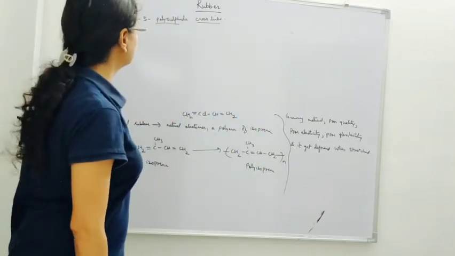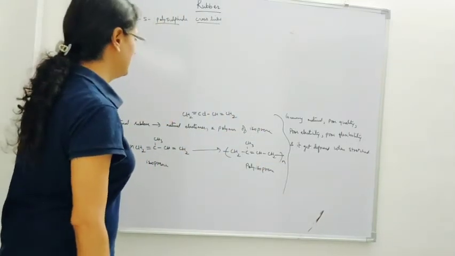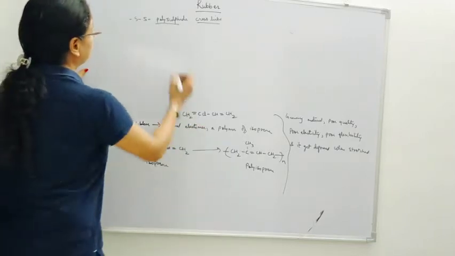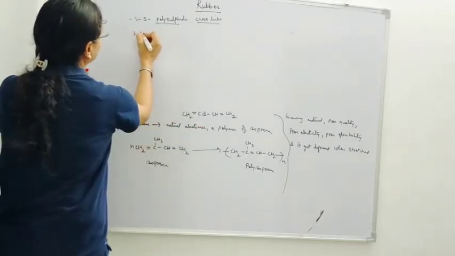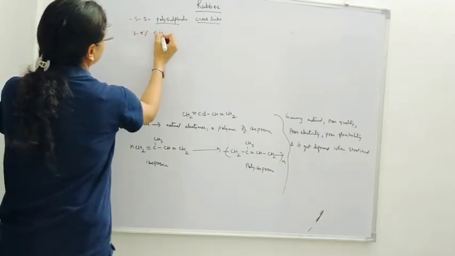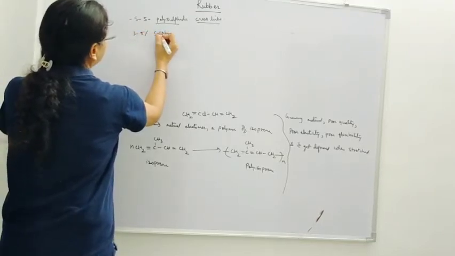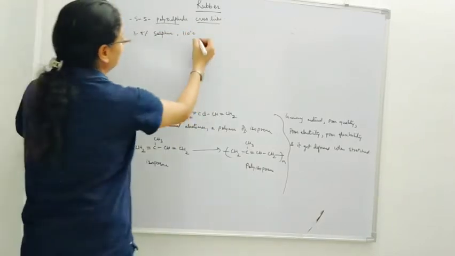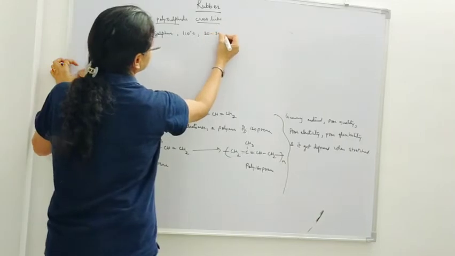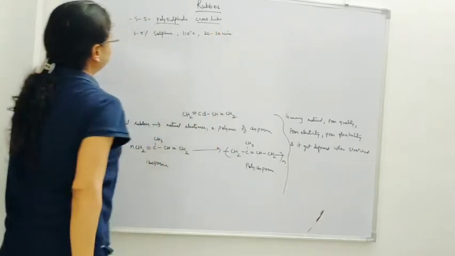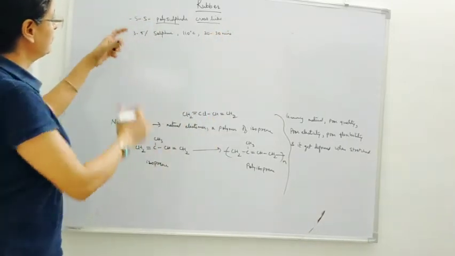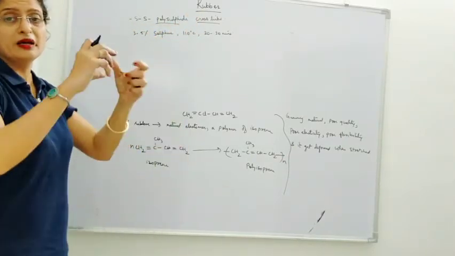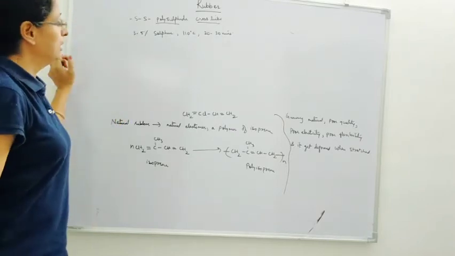So how can these cross links be introduced into this natural rubber? That is, when you are heating the rubber with 3 to 5% sulfur at a temperature of 110 degrees Celsius for about 20 to 30 minutes, then we find that the rubber will be introduced with these S-S polysulfide cross links. These cross links will be between the chains of the rubber.